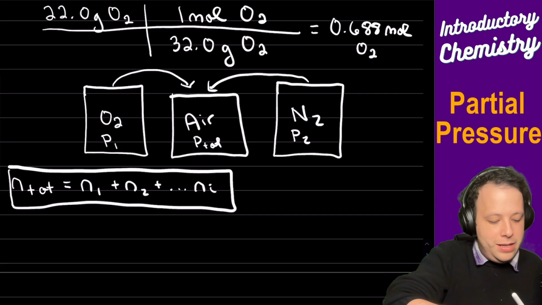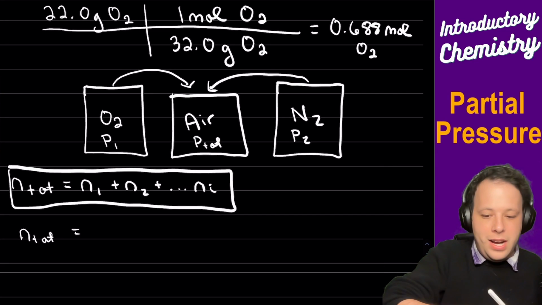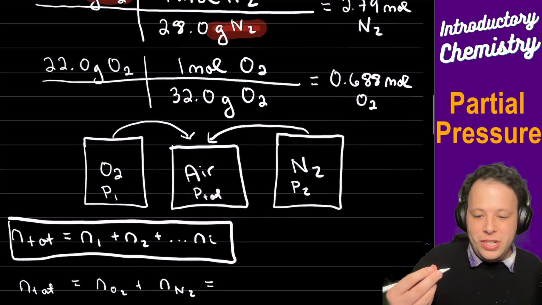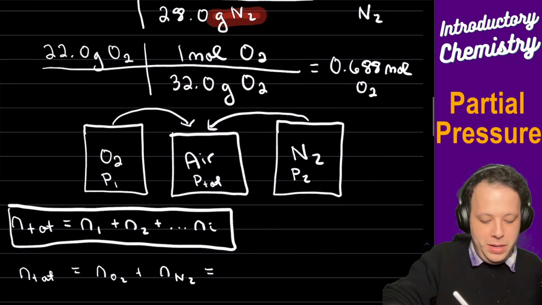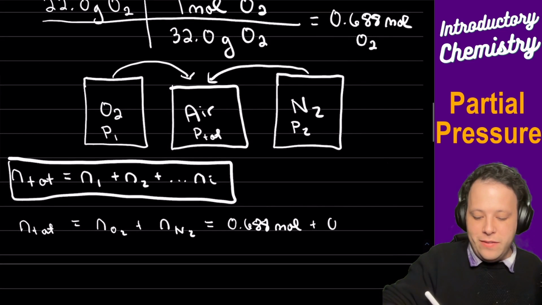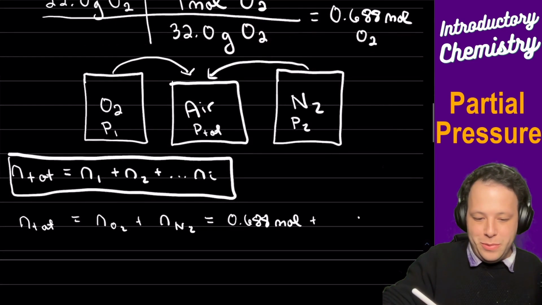So if I take my moles, from earlier, I can find out what my total moles in my sample are. So we take the moles of oxygen and the moles of nitrogen, meaning we'll take 0.688 moles and add it to 2.79 moles of nitrogen.